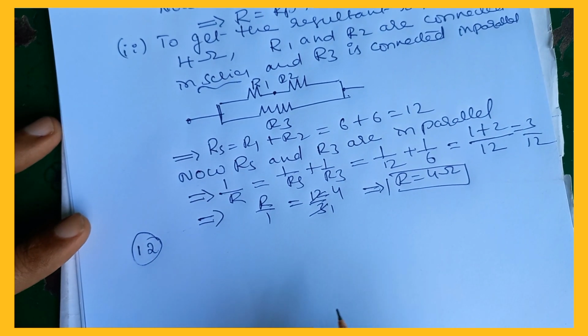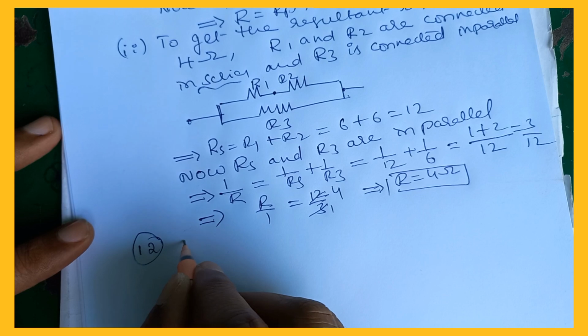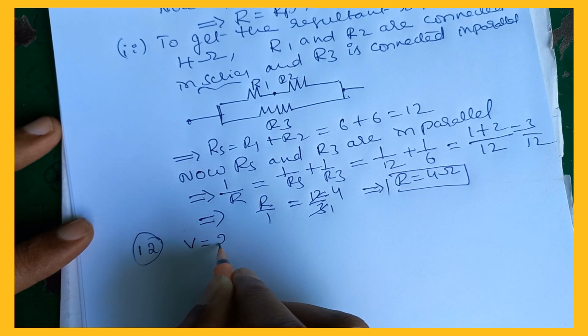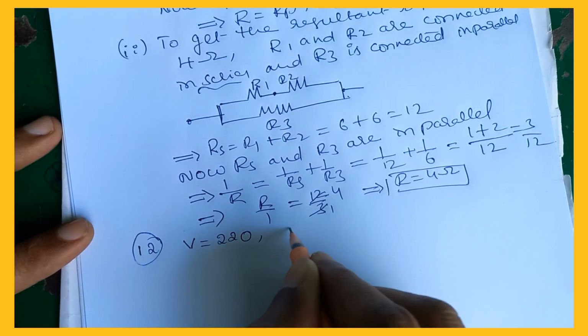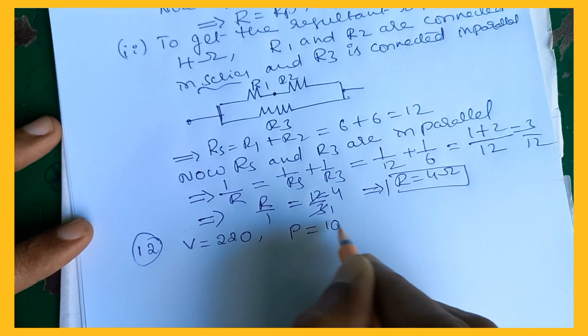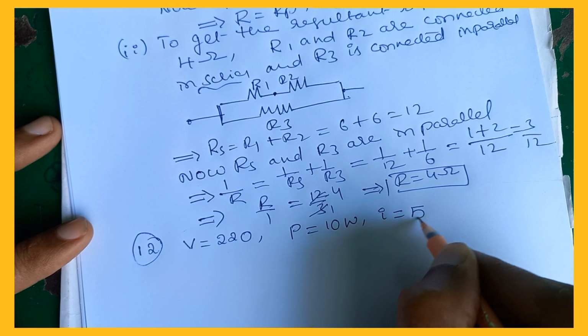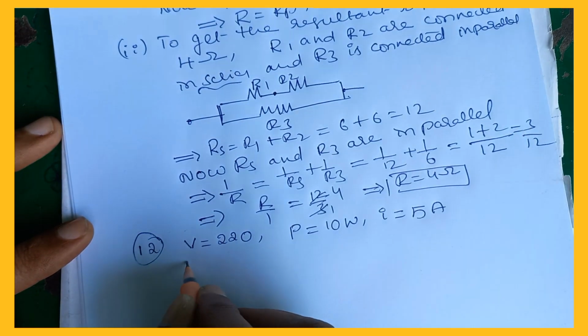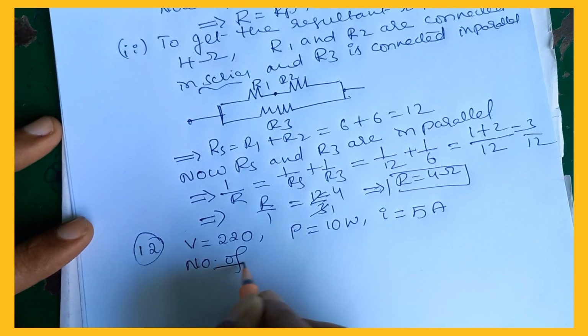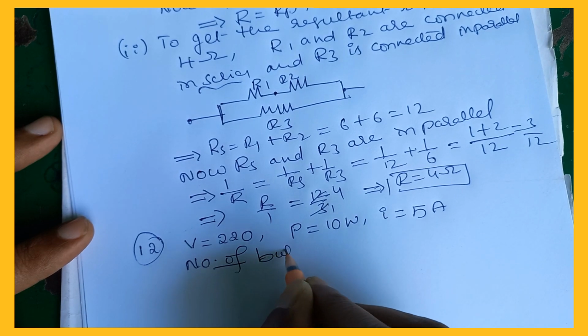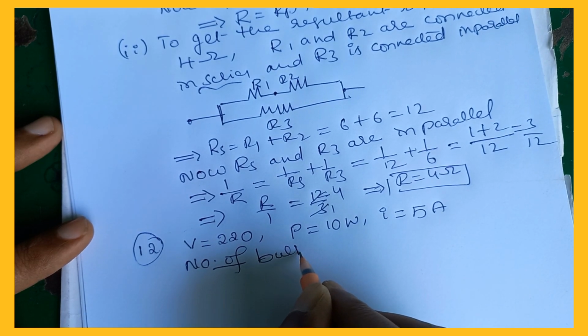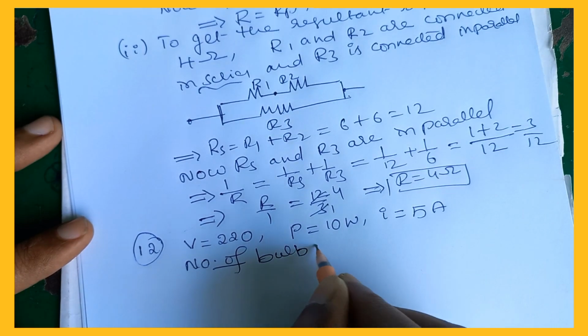Potential difference or voltage is given as 220 volts. Power is given as 10 watts. And the maximum current drawn is 5 amperes. We want to find the number of bulbs which will be connected in parallel across the two lines.